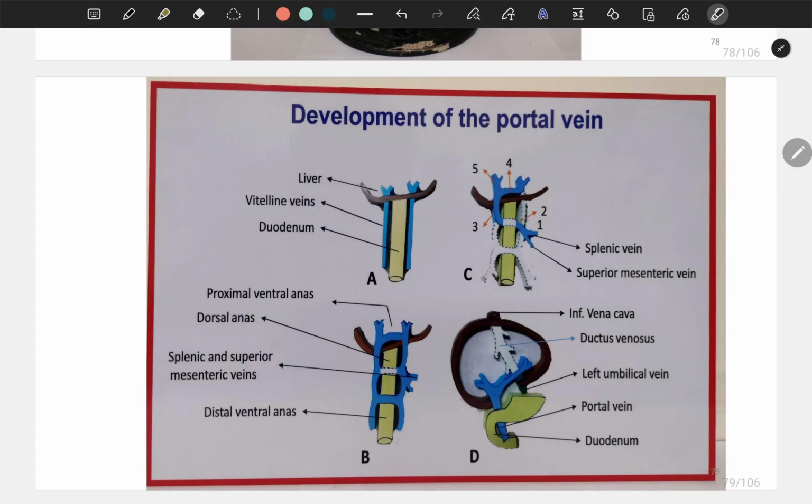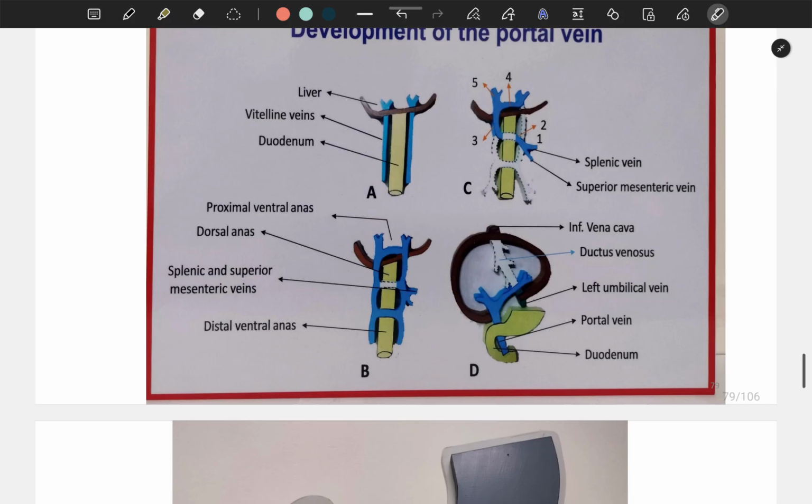Okay, now if you see the explanation, first this part. This is caudal ventral anastomosis, right? This is caudal ventral anastomosis. This will regress, it will disappear.